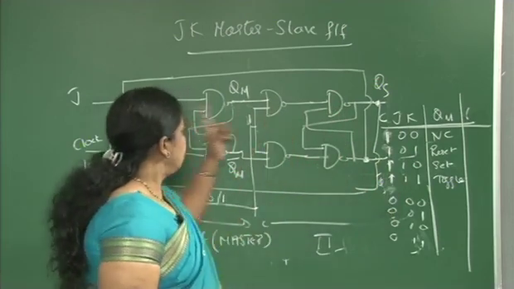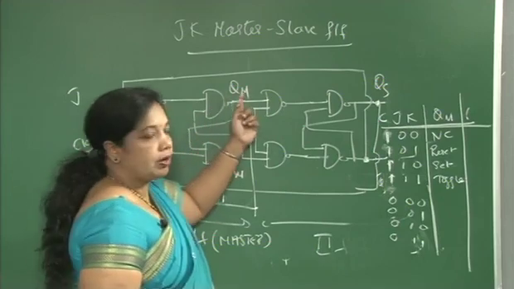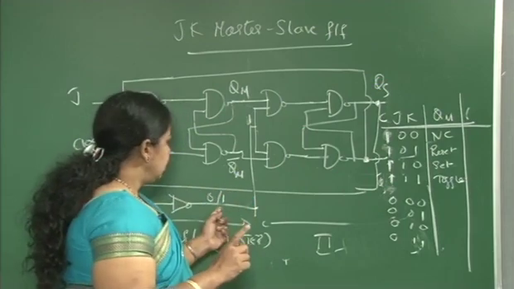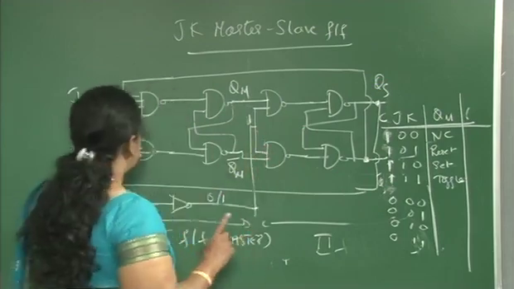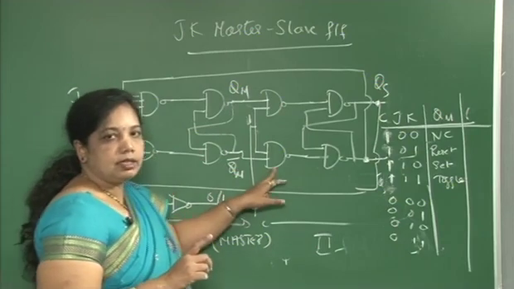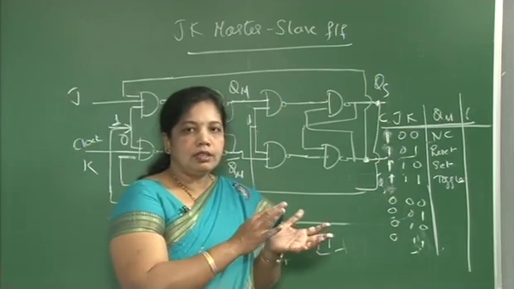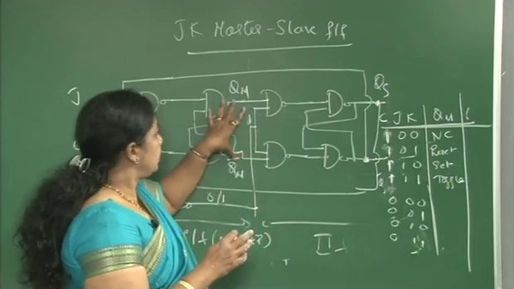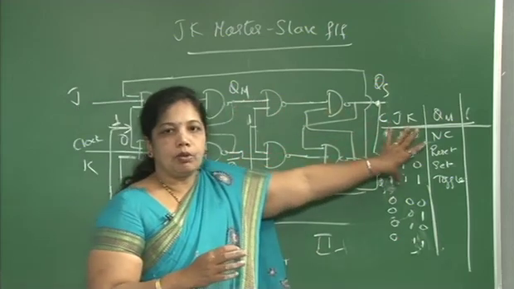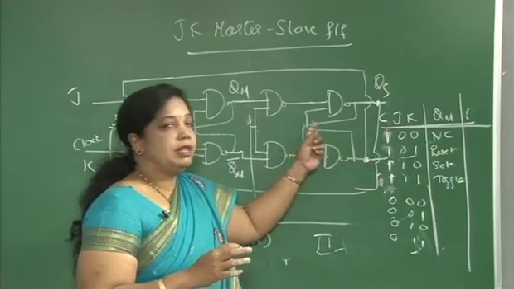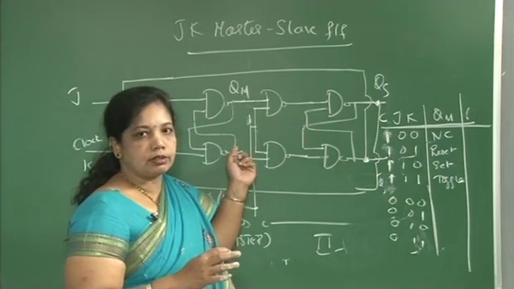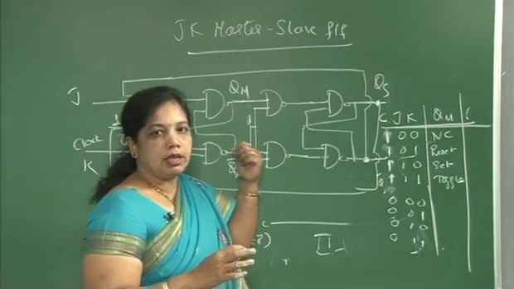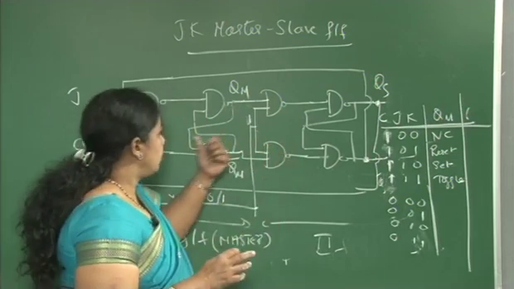So the outputs coming from the first stage act as input to the second stage. When a negative clock is given, the first stage is disabled and the second stage is enabled. So the slave follows the master, it just transmits whatever output is coming from here, and that is reflected at the output side. The slave is driven by the outputs of the master, which is in accordance with the input given to the master. So the slave follows the master.